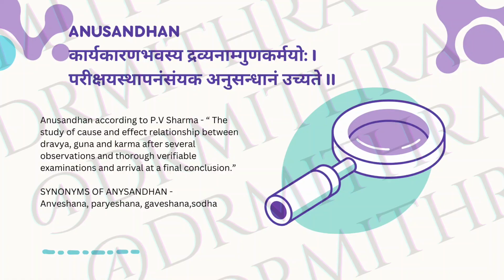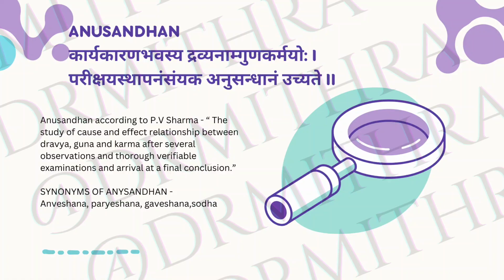And P.V. Sharma has beautifully defined it as a deep study through repeated observation and verification, leading to a final conclusion. So even in an ancient science like Ayurveda, they are very particular about proof and rechecking and proper conclusion, just like modern day research.